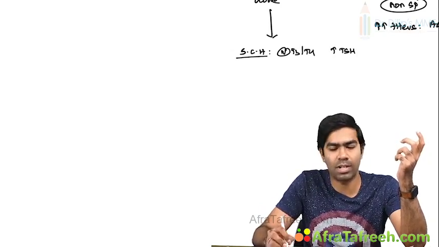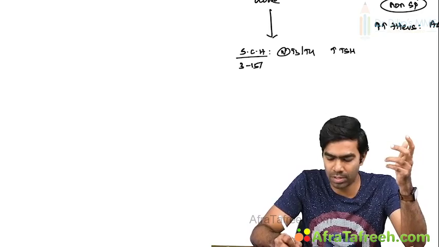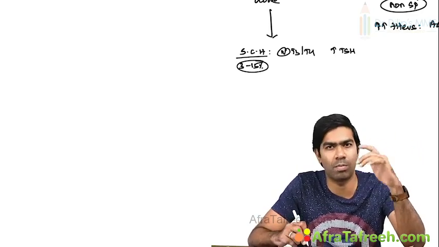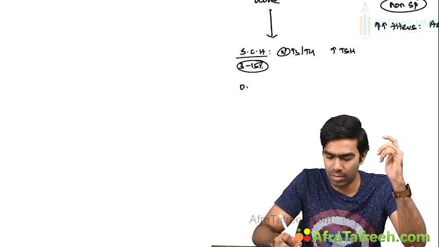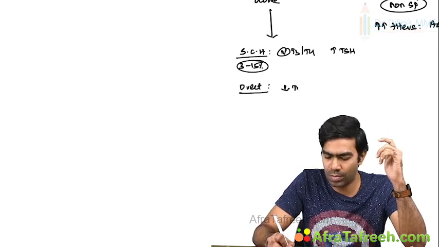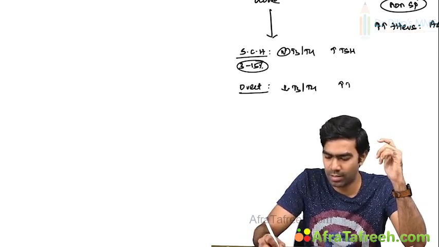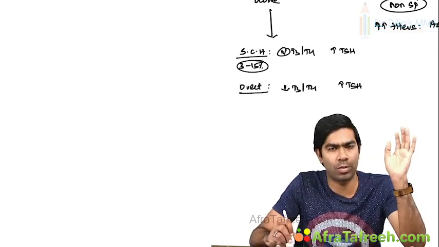And the prevalence of subclinical hypothyroidism is actually quite common compared to overt hypothyroidism. It is 3 to 15% in the community. In different populations, it will differ. Similarly, in overt hypothyroidism, your T3 and T4 will be low for sure, whereas the TSH will be high again.